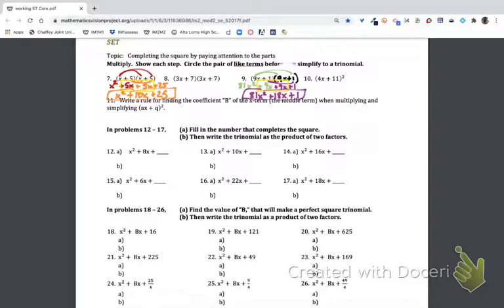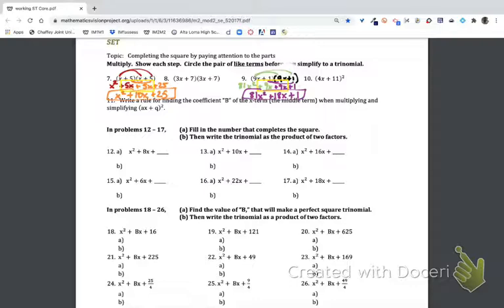So number 11 gets to be kind of tricky because it says write a rule for finding the coefficient b of the x term when multiplying and simplifying ax plus q squared. Well, we just did this for number 9. I hope that you're going to do this for number 10 as well, and if you see this for number 7 and 8, it also applies.